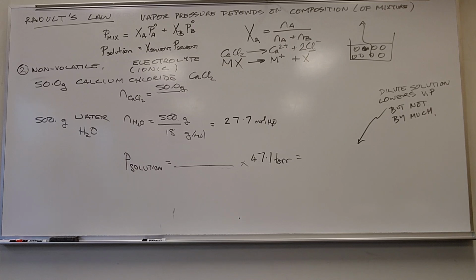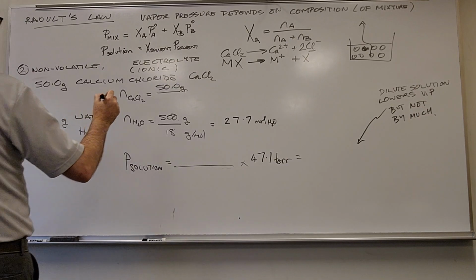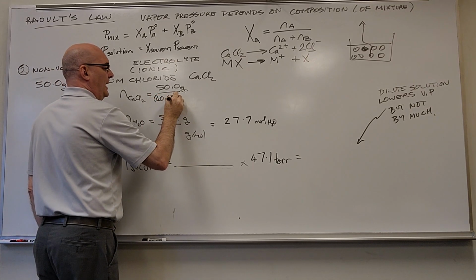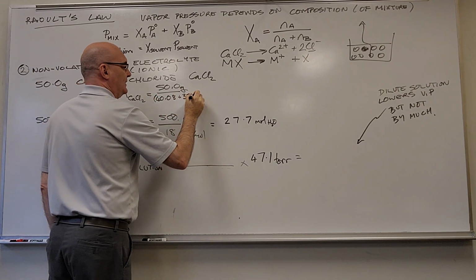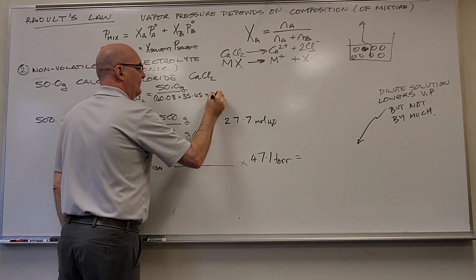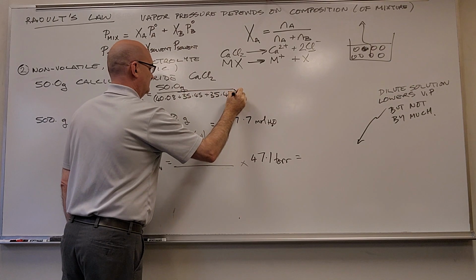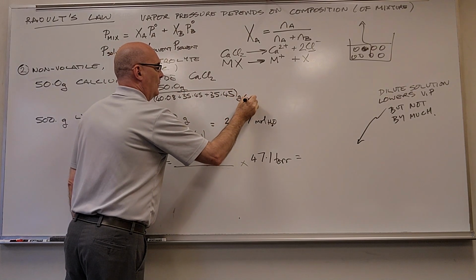40.078 and 35.45. So 40.08 plus 35.45 plus 35.45. That's in grams per mole.